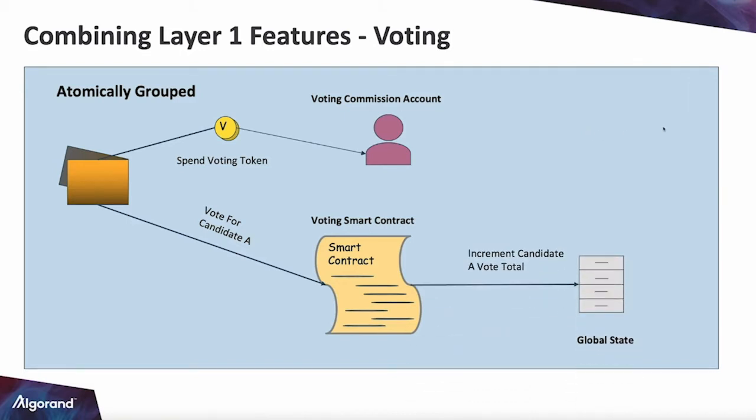And what that will facilitate then is, okay, is this filled out correctly? Is there a candidate that has been selected and so forth? And if so, you're going to increment the candidate vote total in the way of global state, which you now have available to you in a stateful smart contract to do that. So that's a good scenario right there, pulled together.